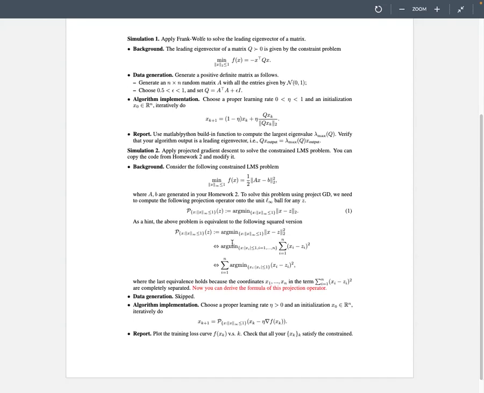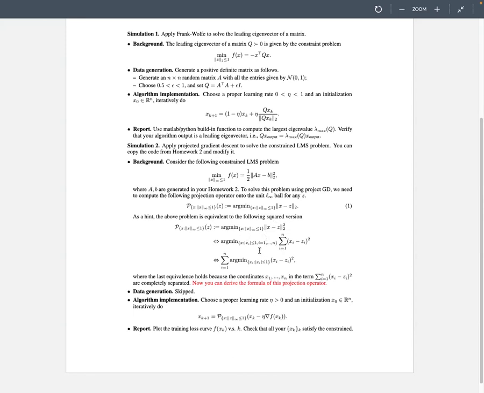And then this problem can be decomposed in this way. So you can check. The L2 norm square is the sum of squares.